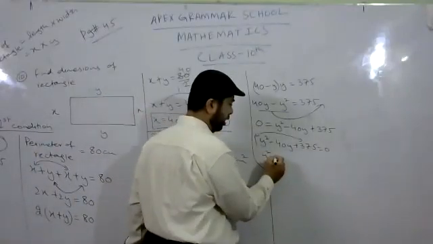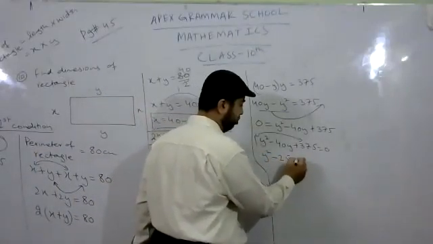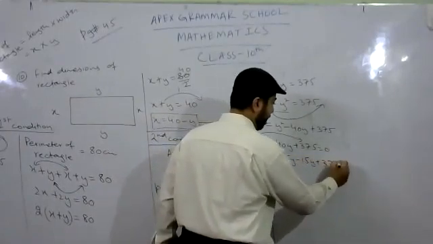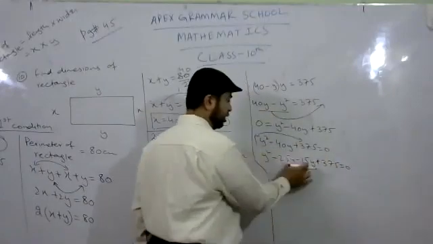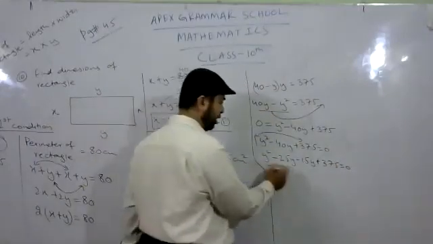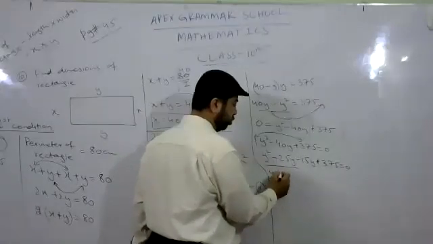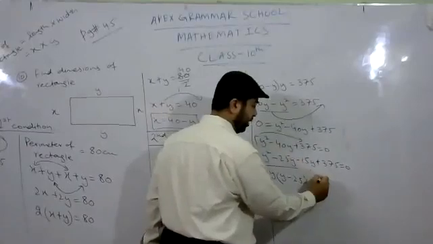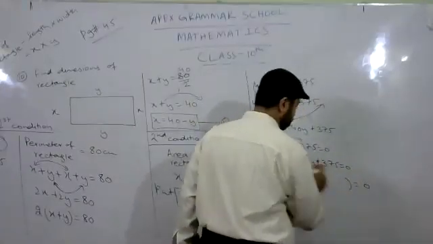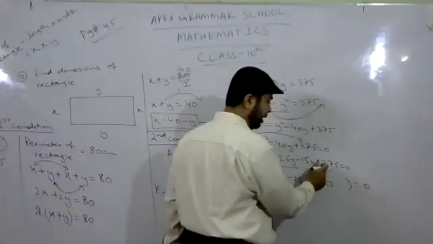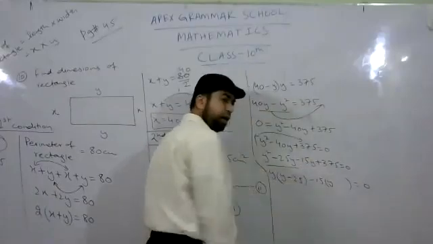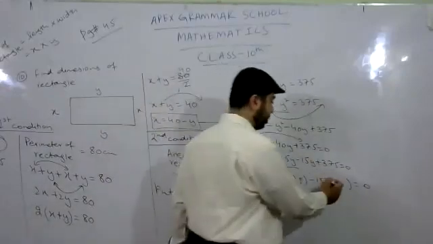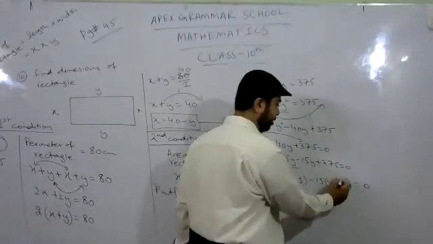So after middle term breaking, y square minus 25y minus 15y plus 375 is equal to 0. So what is common here? That is y. So y minus 25 will be here. After that, this is a negative sign and then 15. So 15 will be here and then y minus 25, and this 15 will be negative just because of taking this negative sign common. So minus 15 multiplied by minus 25 is 375.